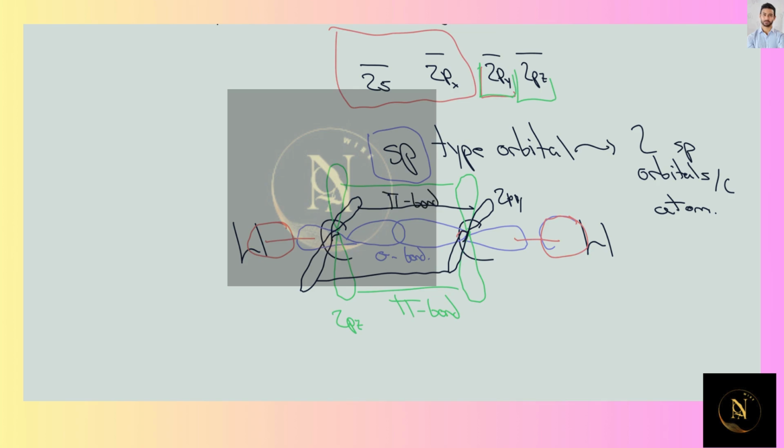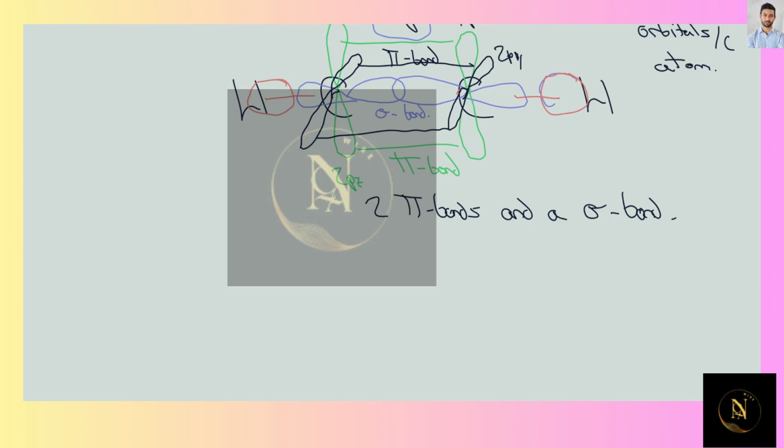So overall, in between the carbon atoms, we're going to have 2 pi bonds and a sigma bond, generating the known triple bond that we have seen in organic chemistry. And with that, it would be all.